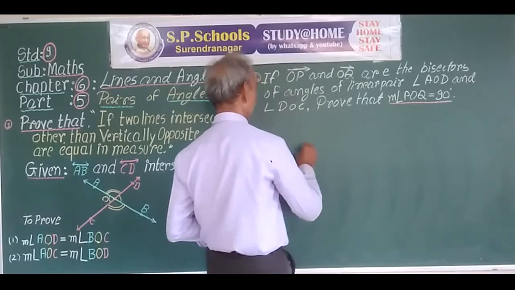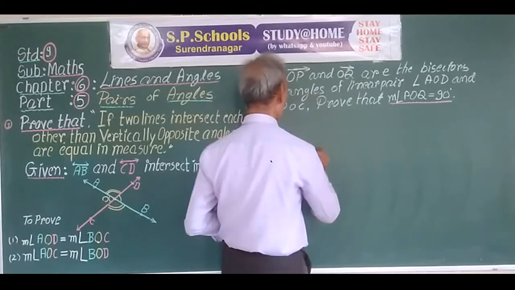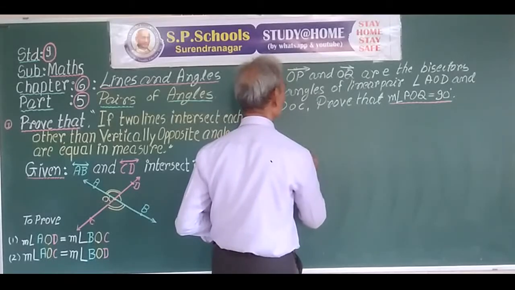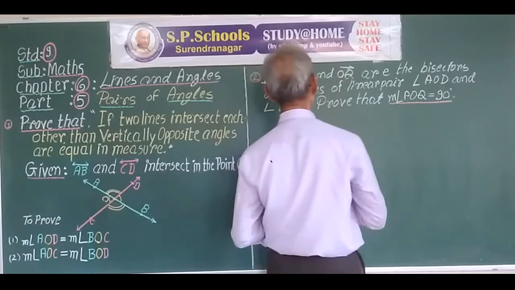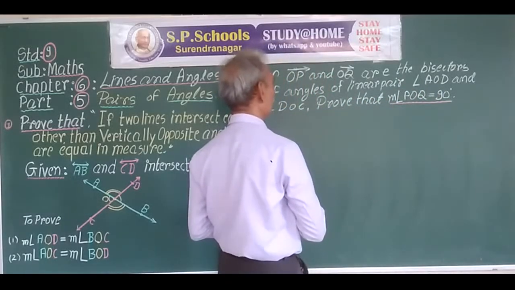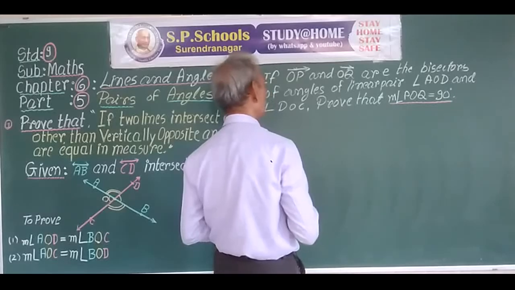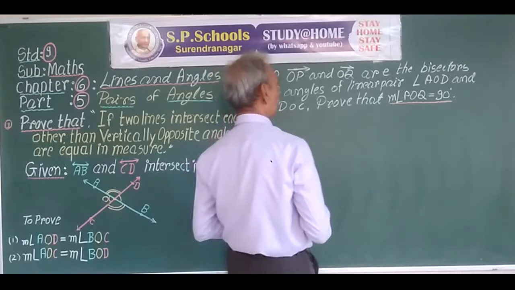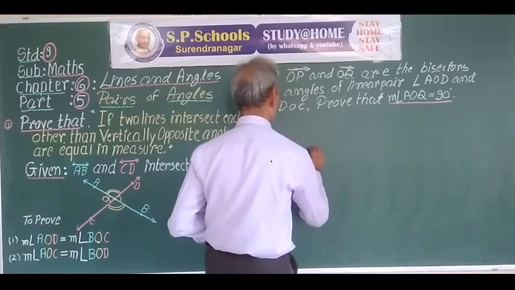Now we are given, we draw a figure according to it. AOD and BOC are a linear pair.